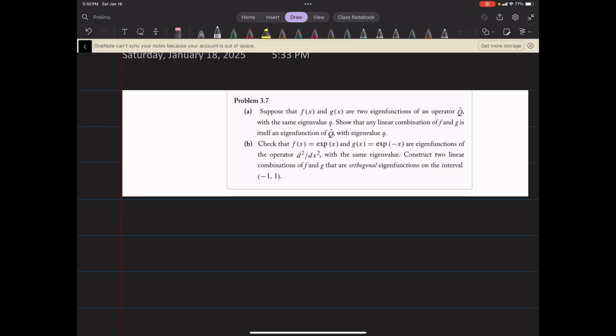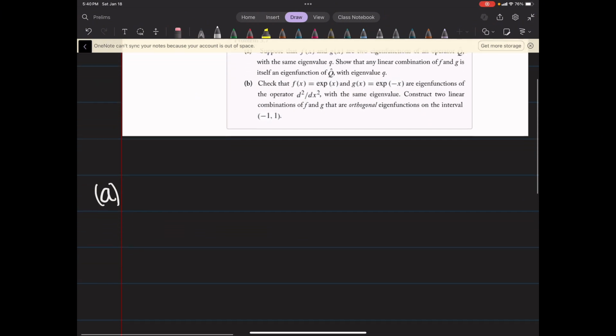Part A. Suppose that f(x) and g(x) are two eigenfunctions of an operator Q with the same eigenvalue, little q. Show that any linear combination of f and g is itself an eigenfunction of the operator Q with the eigenvalue q.